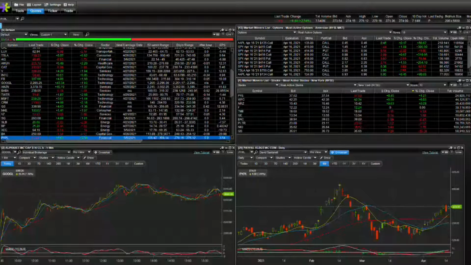And remember there's 100 shares per contract. So $30 multiplied by 100, that's $3,000 per contract. I have 5 contracts, so that's $15,000. I'm looking at least another $5,000 net profit on this trade.